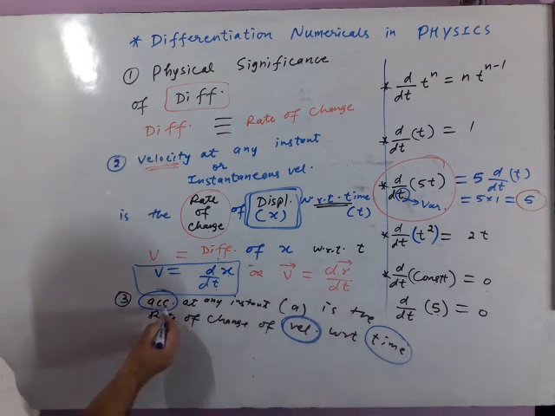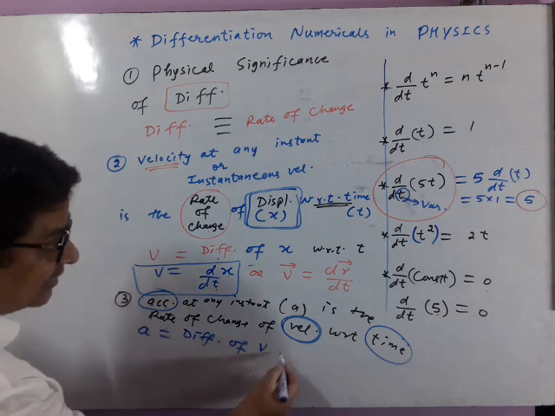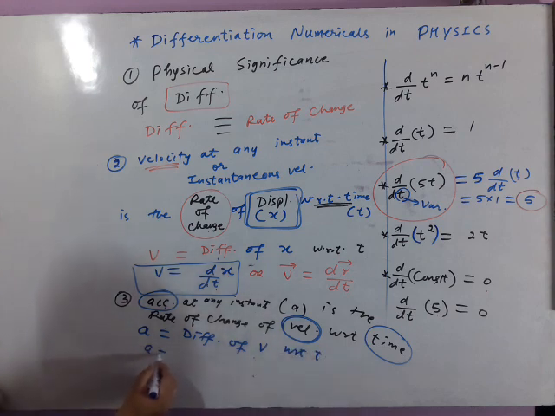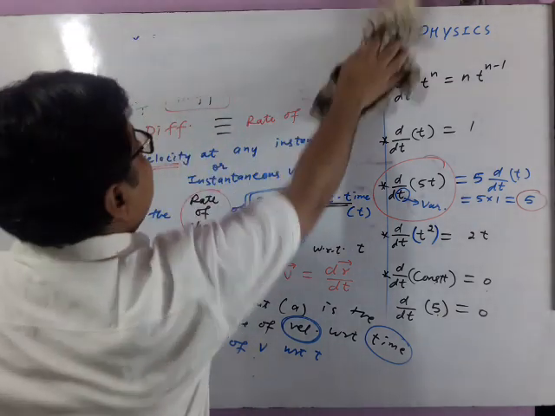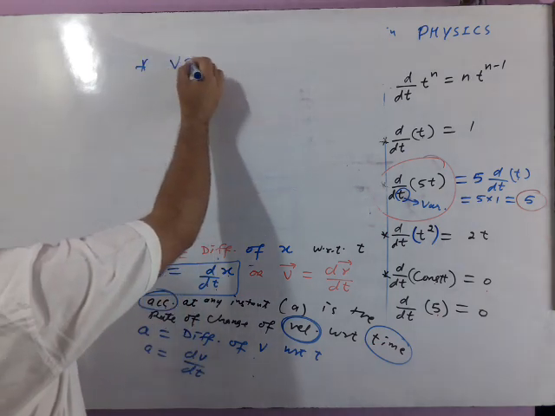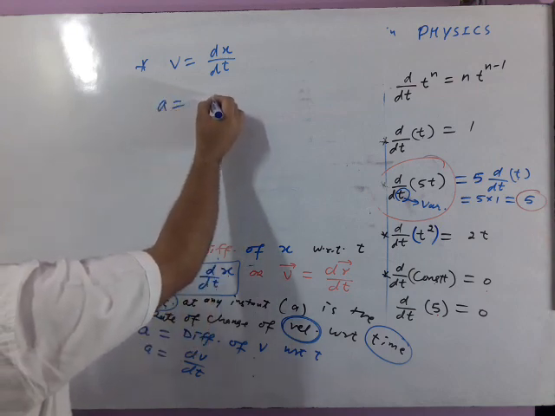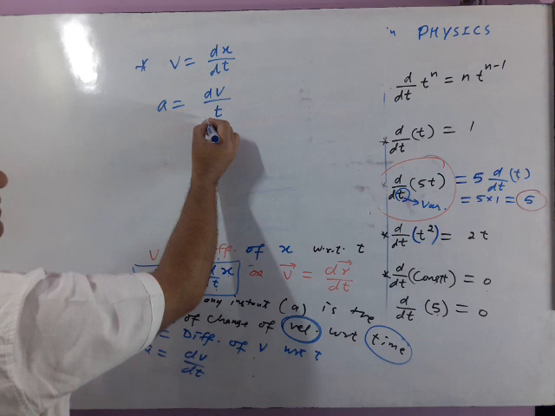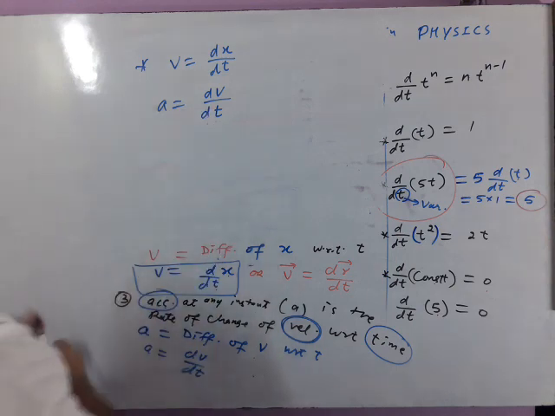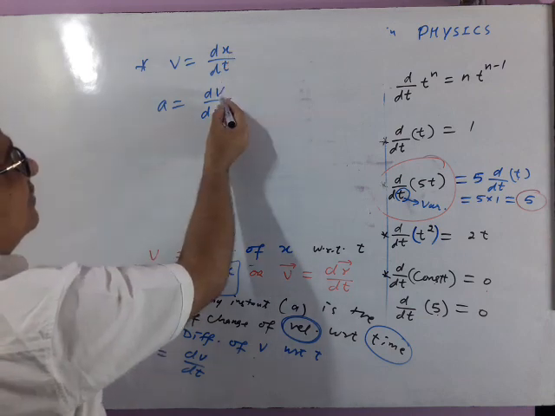With differentiation, we say acceleration is differentiation of velocity with respect to time, that is, dv by dt. You have learned that velocity is displacement upon time, and acceleration is velocity upon time. Now precisely, velocity is the rate of change of displacement and acceleration is the rate of change of velocity.